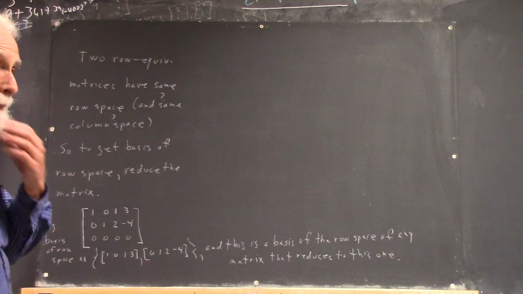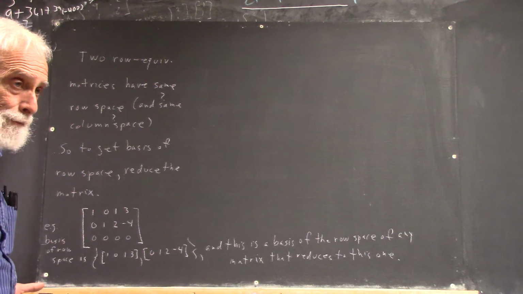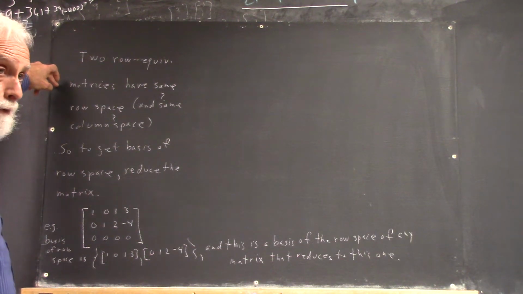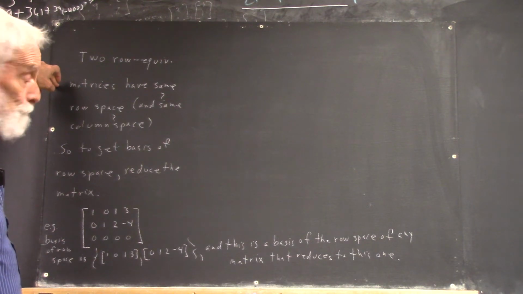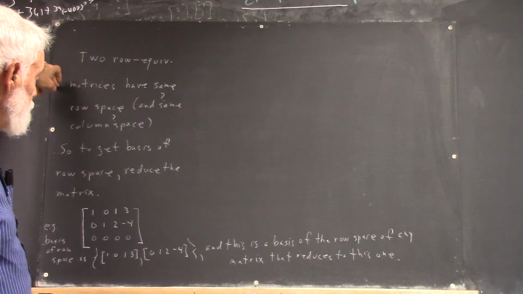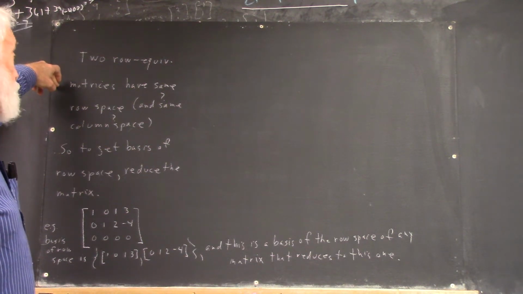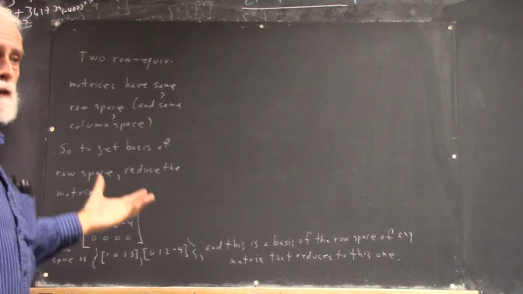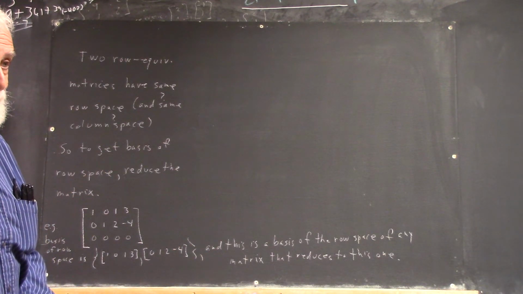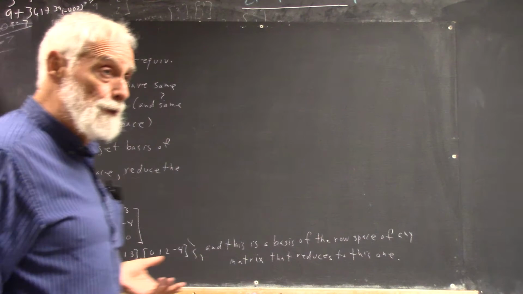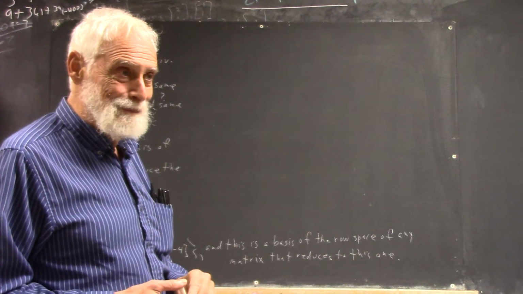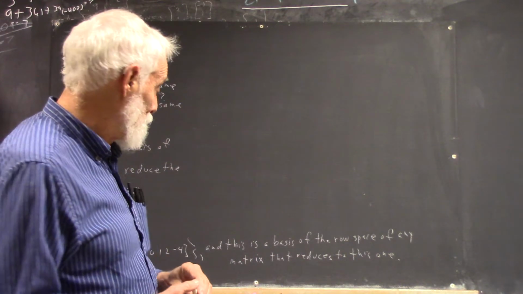Okay? Make sense? If you accept this, which is easy to prove, okay? So you have a method for finding a basis of the row space of any matrix. And of course, the row space is important because of that thing about the four fundamental subspaces, okay.